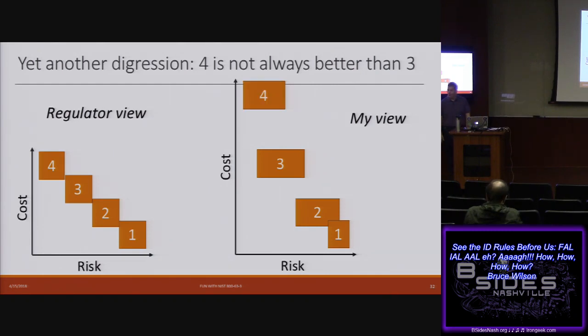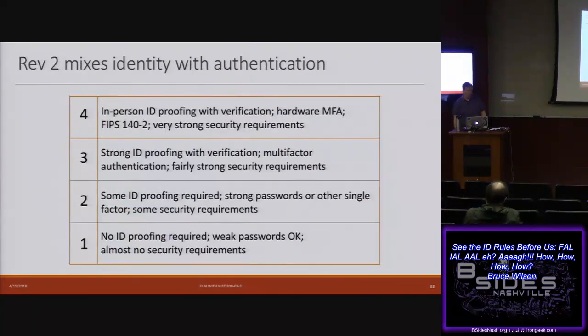And level 4, again, there's not always that much difference between what can happen with a level 3 versus a level 4, but it's almost always quite a bit more expensive. And so this is one of those trade-offs. What is the right level of assurance for a particular system?